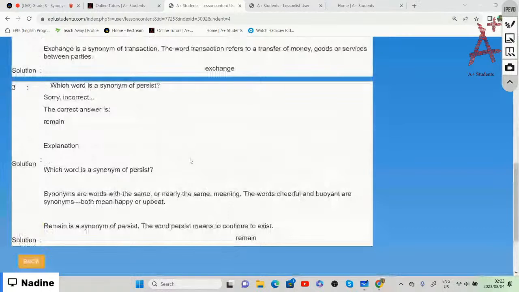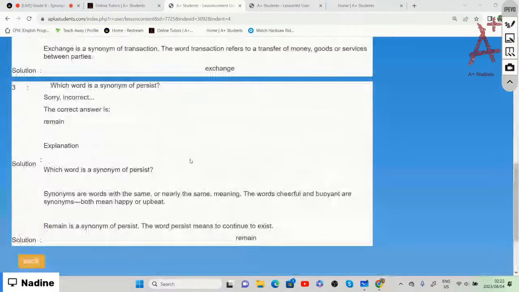If you think of the word persist, persist means to continue to exist, right? Which means that the synonym is remain. Persist is to remain, and persist means to continue to exist.